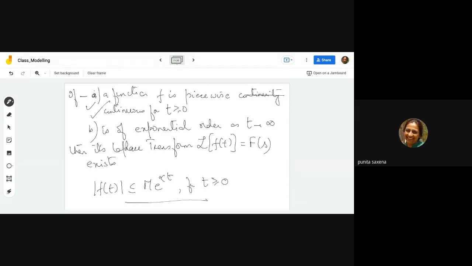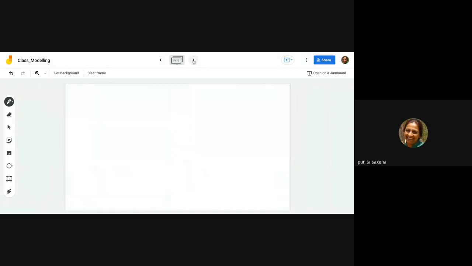And not just this, as a corollary to this result, we have another result which says that if the function satisfies all the hypotheses, then, see, what was your F(s)? This was the Laplace of f(t), right? We had till now imposed conditions only on t.